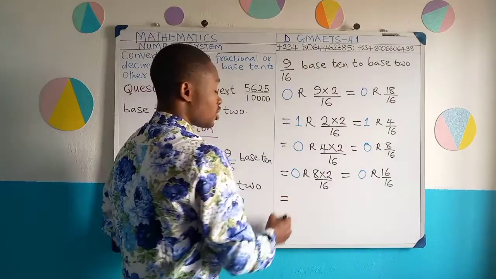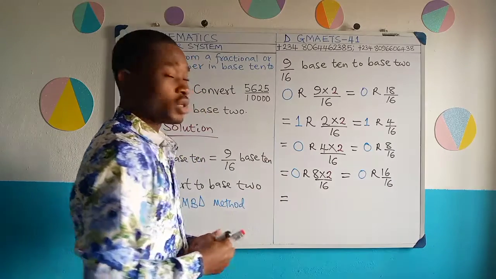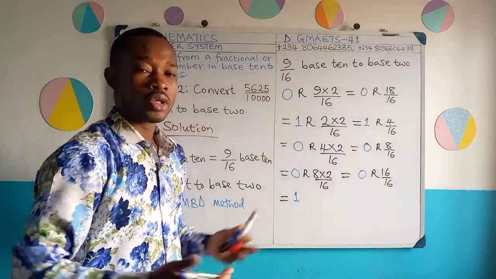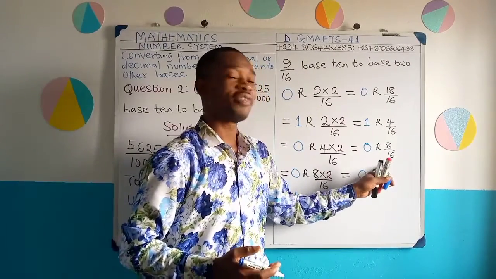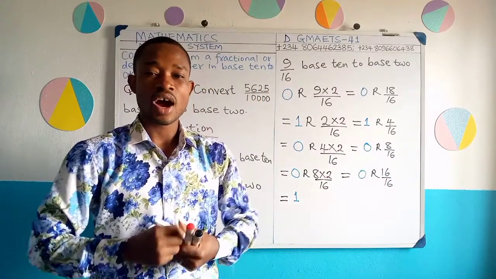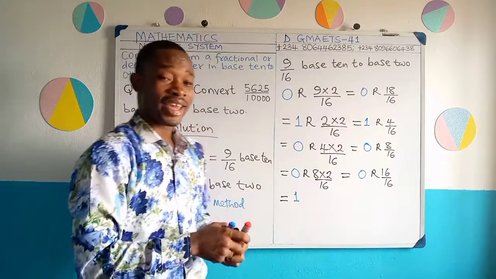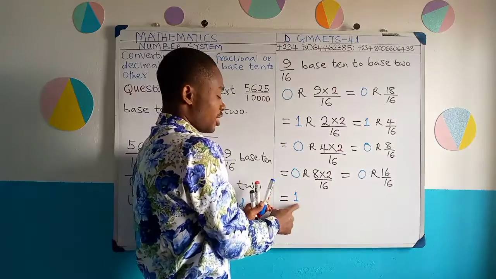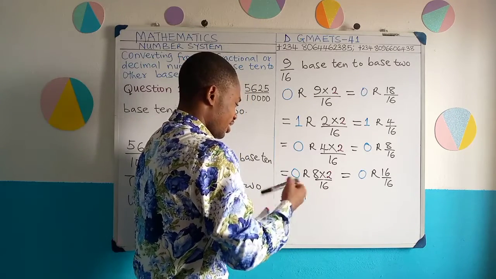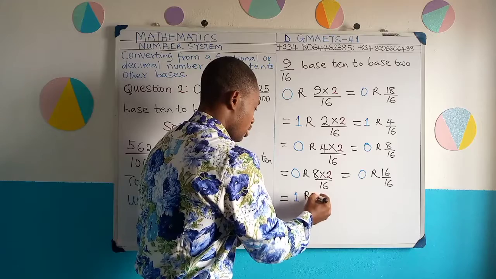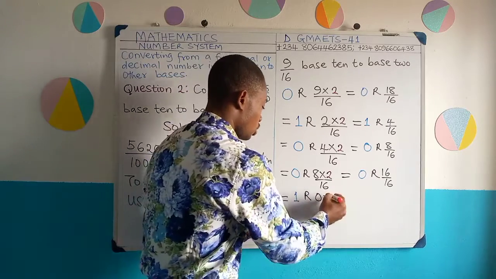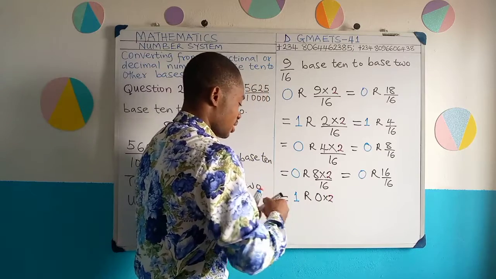So let us see what this gets to. 16 divided by 16 will give us what? 1 whole. 1 whole number. And I told you once the denominator divides the numerator completely and there is no remainder, then you have finished. You have gotten to the end. Like here now, if I am to talk about the remainder, it's going to be remainder 0 times 2 divided by 16.